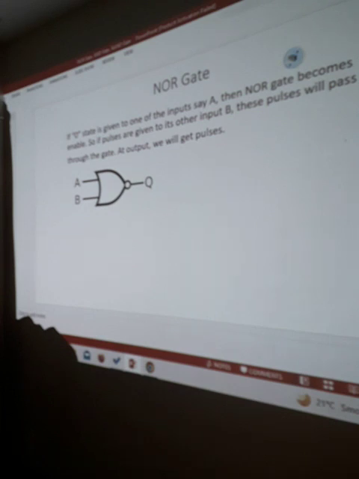This NOR gate is enabled when zero state is given to one of its inputs, and if pulses are given to its other input, then these pulses will pass through the gate because the gate is open.